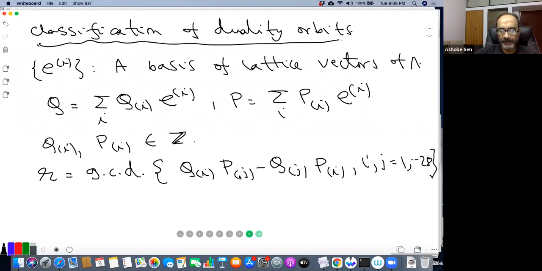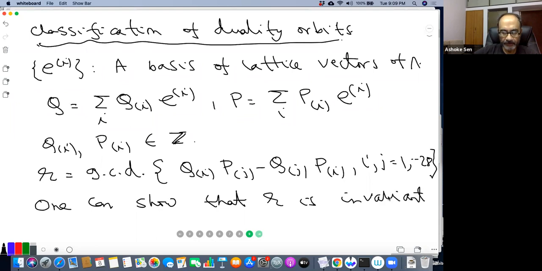Basically this means that you collect all these 28 times 27 by 2 numbers, take the greatest common divisor, and call that R. One can show that R is invariant under S and T duality. So R is one of the integers that classify a duality orbit. You cannot change R by duality transformation.